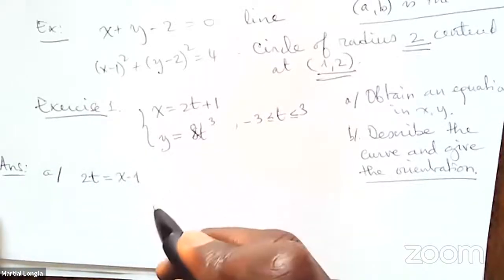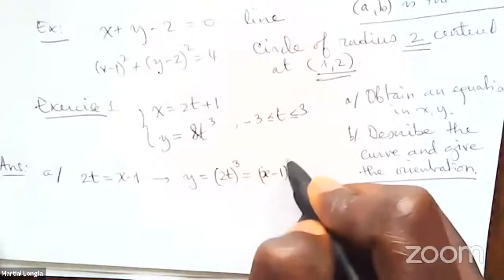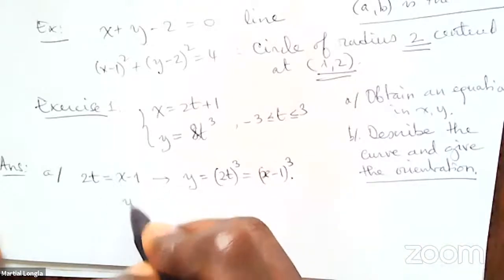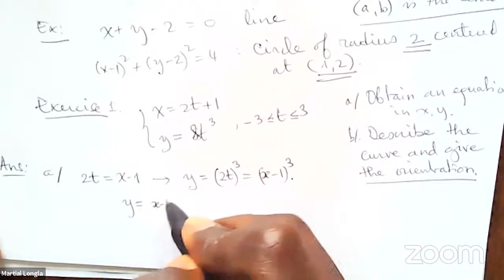And then I plugged it into the equation y equals 8t cubed, which meant that y was equal to x minus 1 cubed. That's correct. So the equation is going to be y equals x minus 1 cubed.